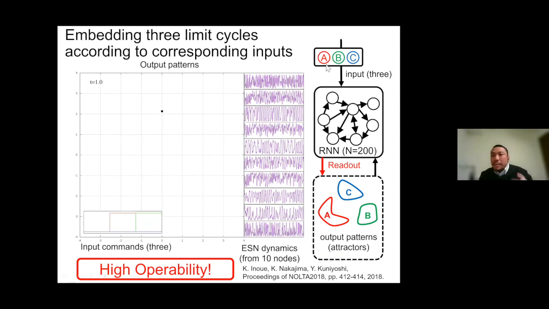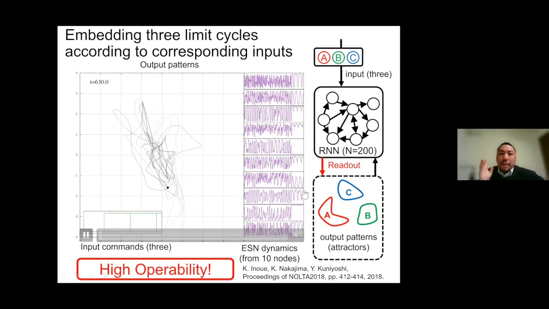If we inject A, then this reservoir should output oscillatory pattern A. We inject several inputs, and this reservoir should output the corresponding oscillatory patterns. The important point is that we prepare the complex dynamics in the reservoir part, and we only tune the readout part. Let's see some examples.